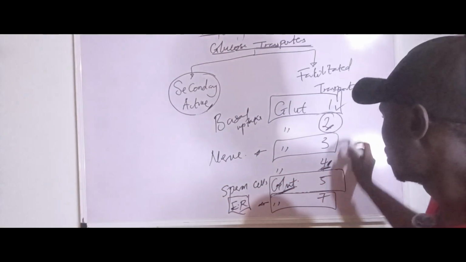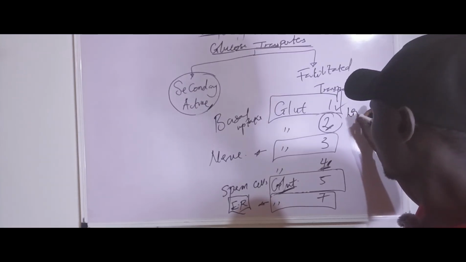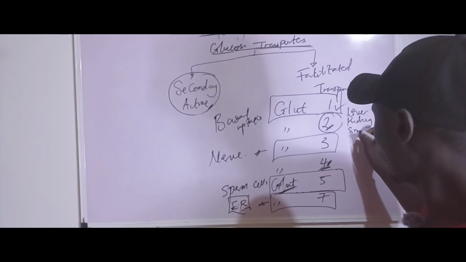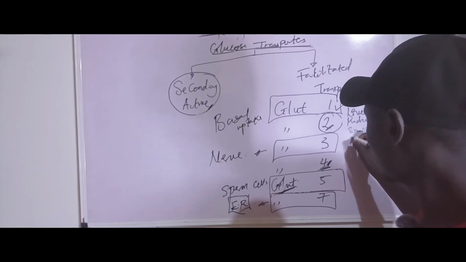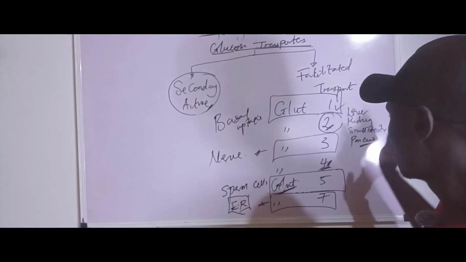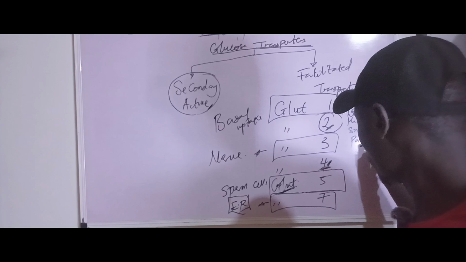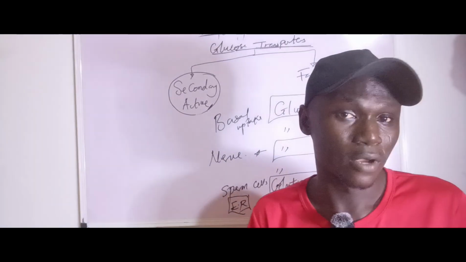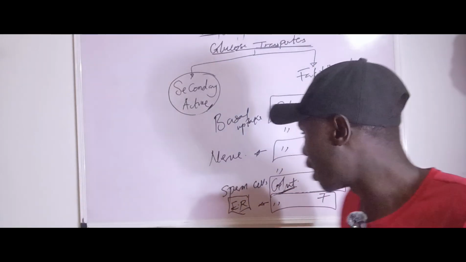But just believe me now that those tissues include the liver, the kidney, the small intestine, and the pancreas. Although the pancreas does not do gluconeogenesis, it also has GLUT2. So the kidney, the liver, the small intestine, and the pancreas.